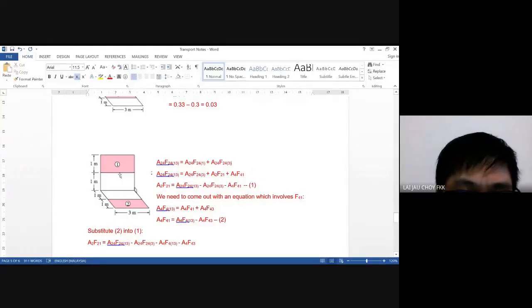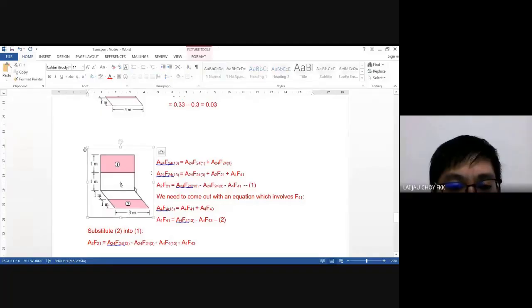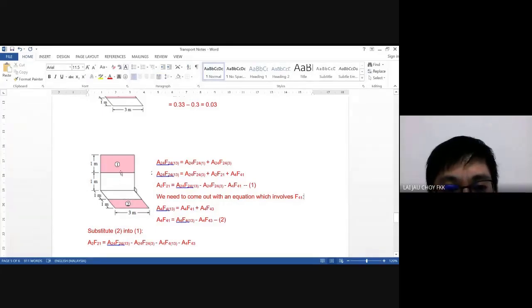You see, surface 1, surface 2. How can we solve that? Let's name this as surface 3. This part is 3, and the part next to 2 is surface 4. So 1, 2, 3, and 4.